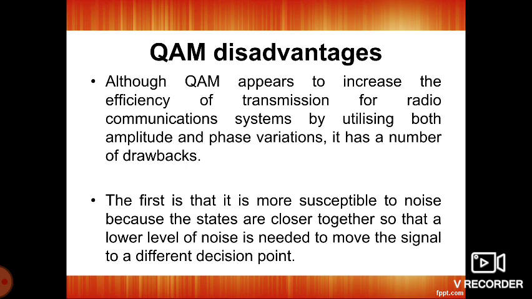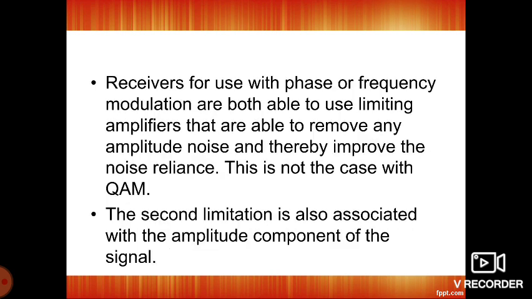It appears to increase the efficiency of transmission for a radio communication system by utilizing both amplitude and phase variations. But it has some drawbacks. The first one is that it is more susceptible to noise, because the states are closer together and lower levels of noise can affect the decision point.